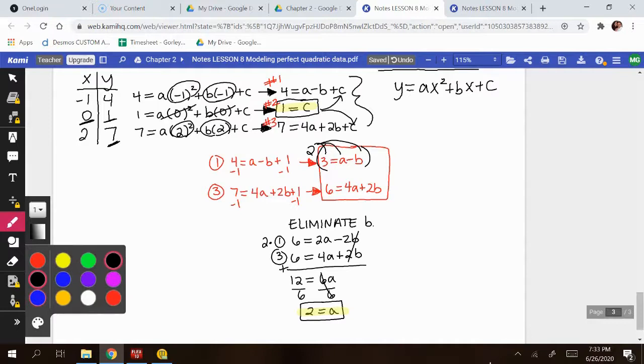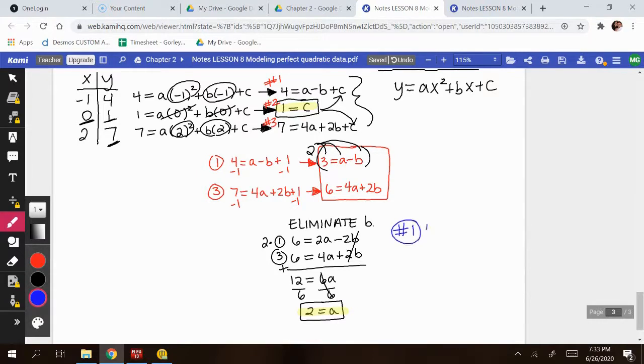Let's just do equation 1. That was the equation 4 equals a minus b plus c. I'm going to plug in what I know now. I know that a is equal to 2. I don't know b. And I know that c is equal to 1. So I'm going to plug in 1. Let's just solve for b.